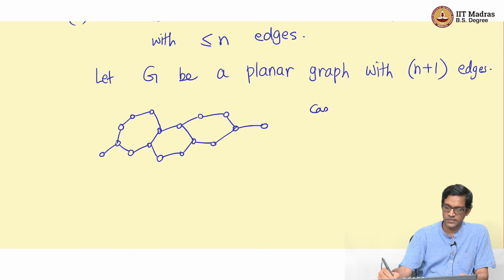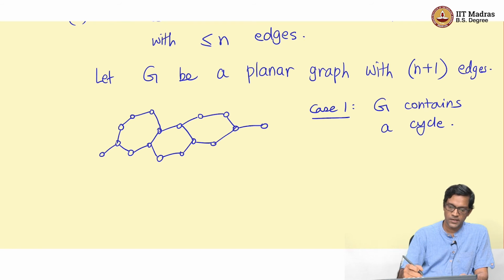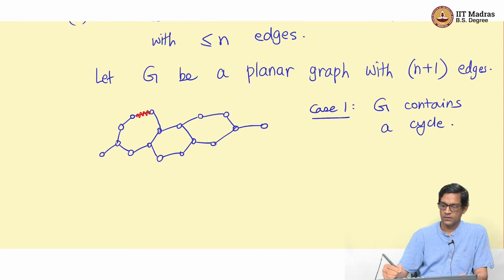So let me say here's case 1: the graph G contains a cycle. If that happens, then what I want to do is to choose an edge, say this one, and delete it. When I delete it, I'm going to get a new graph.